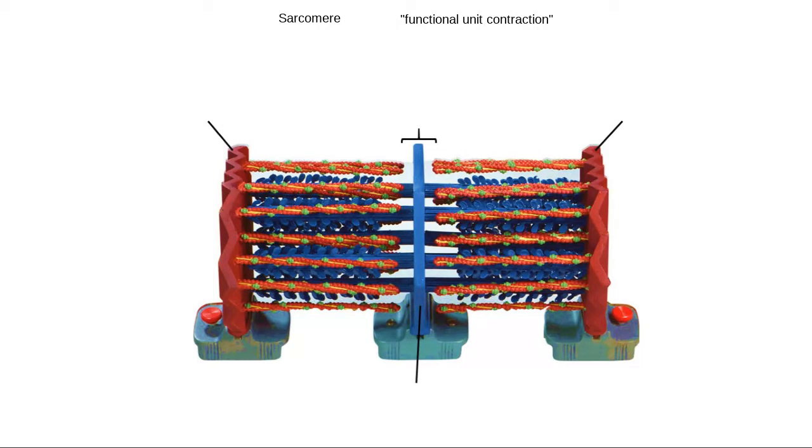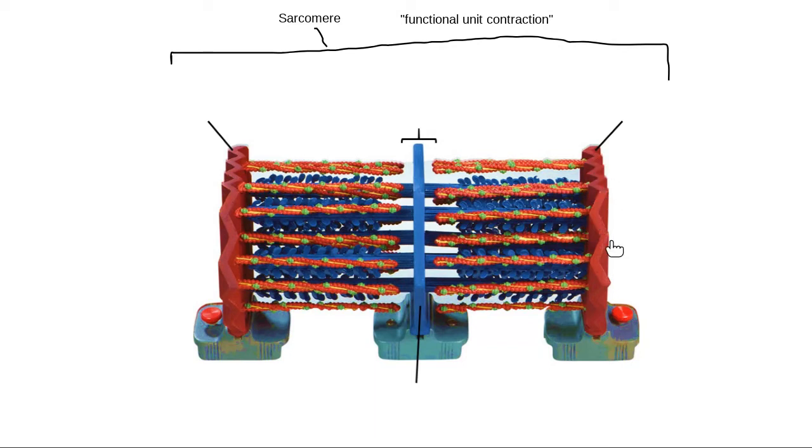So first, let me draw a bracket that you don't have. We'll add this little bracket just for ourselves. A sarcomere is this entire thing. So a sarcomere goes from one red line to the other red line. The name of these red lines matches their appearance. So these red lines make a zigzag pattern.